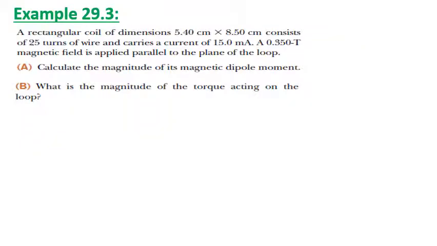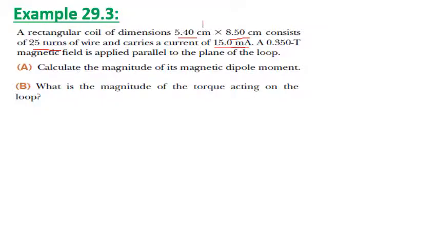Okay, now we'll be discussing example 29.3, which is related to article 29.3. We have a rectangular coil of dimension 5.4 centimeter by 8.5 centimeter, consisting of 25 turns of wire and carrying a current of 15 milliamps.